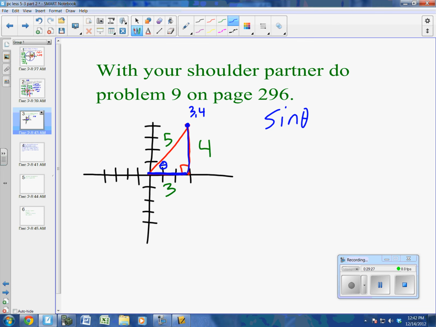This is x distance, right? Isn't that the x distance? Isn't this the y distance? So which one's y? Okay, which one's the radius? Okay, what's the sine of theta? 4/5. Okay.